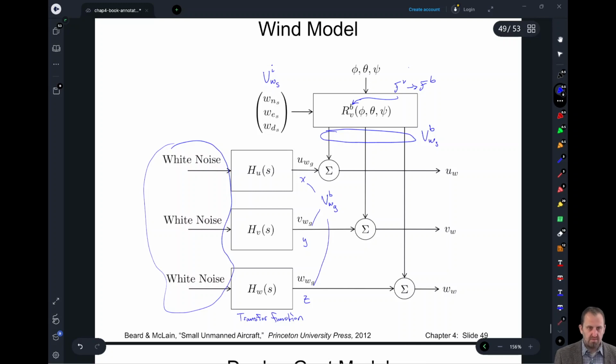So together they make up that vector, and we're just going to add these two vectors together now to get the resulting wind. Our resulting wind that we'll get out is v sub w sub s in the body frame plus v sub w sub g in the body frame. So that's the main idea of how we're going to do it.